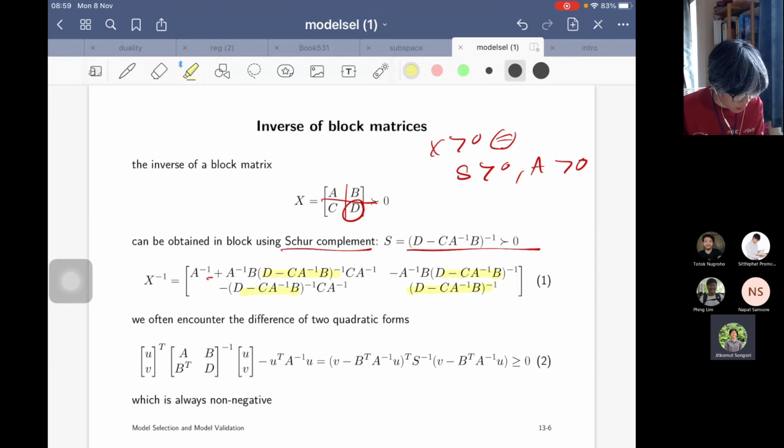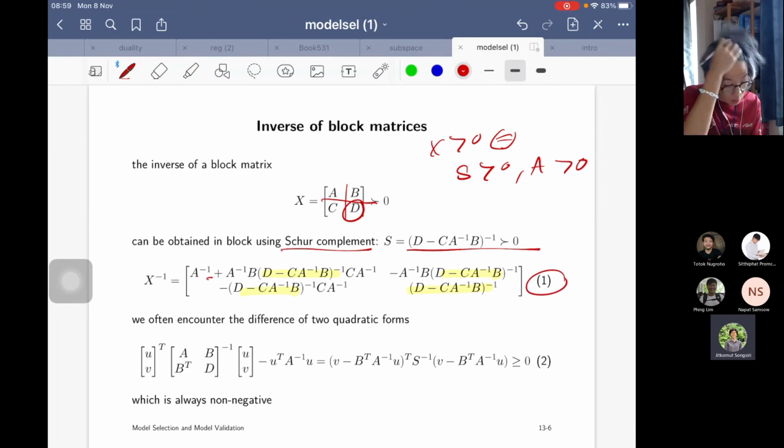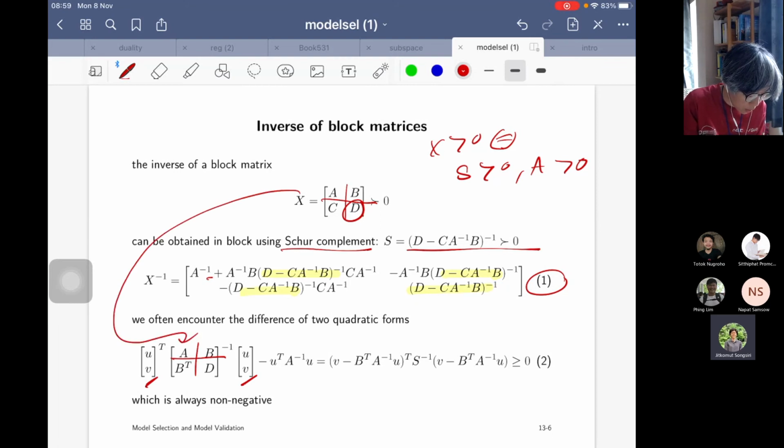One fact that I want you to verify, which is not difficult, just verify it from here, is that if I have a quadratic form, U, V, where I now restrict to the case that my X is symmetric, then this C part is actually B transpose.